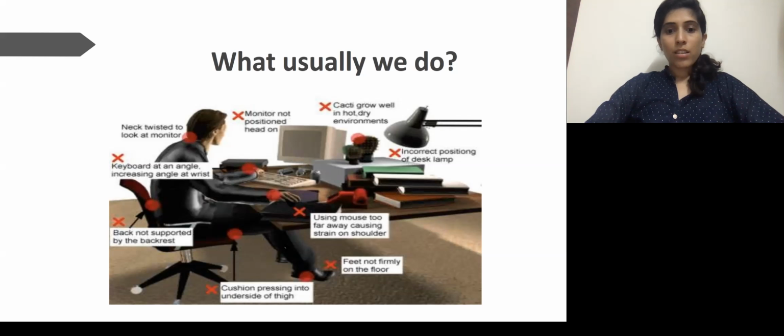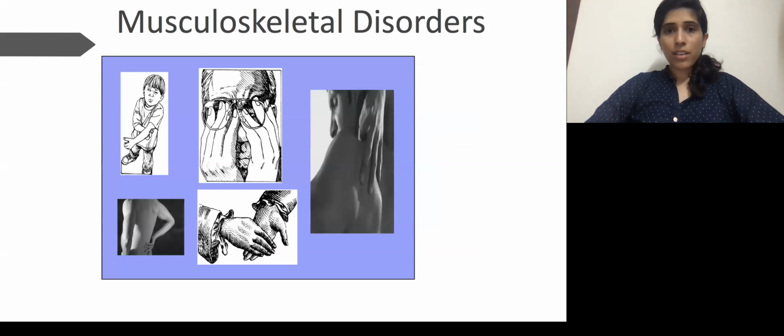The legs are not supported, the forearm is also not supported, the wrist is getting more compression, and the sitting area is also not proper. As a result, the person suffers from MSD, that is Musculoskeletal Disorders.